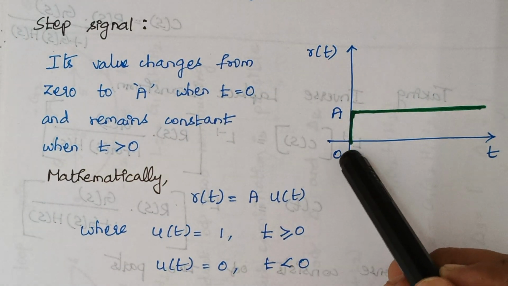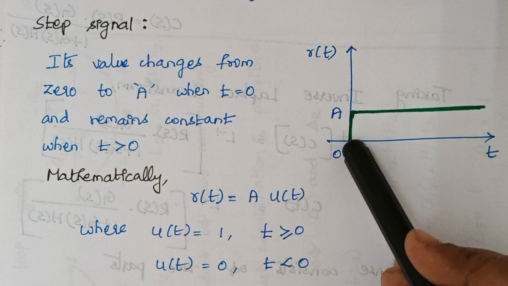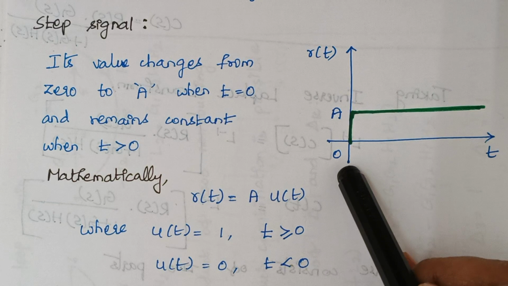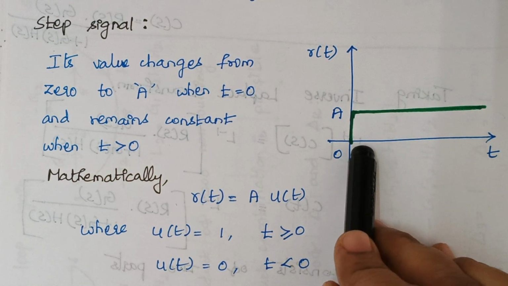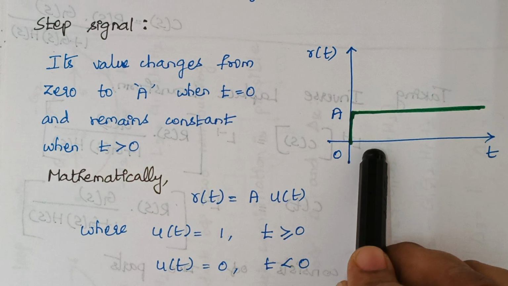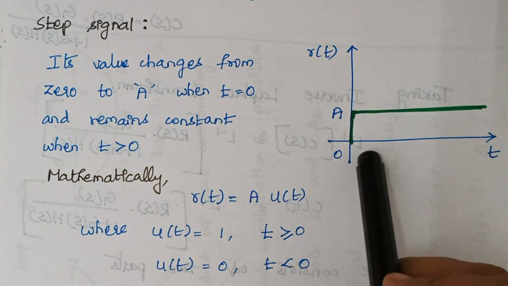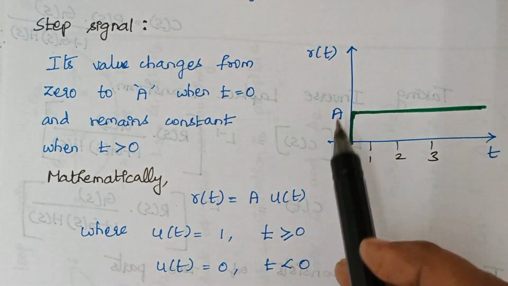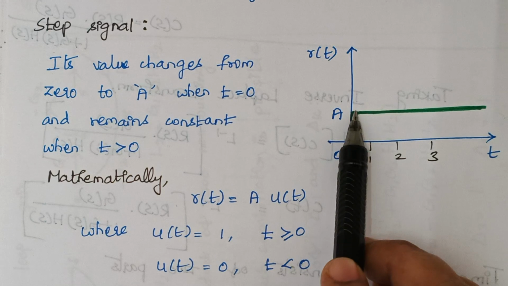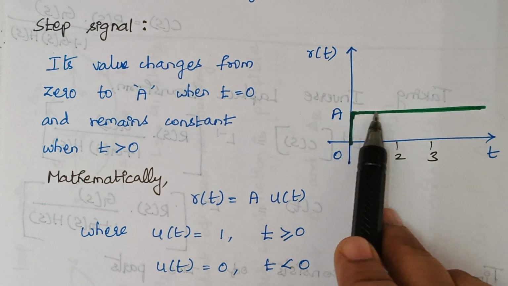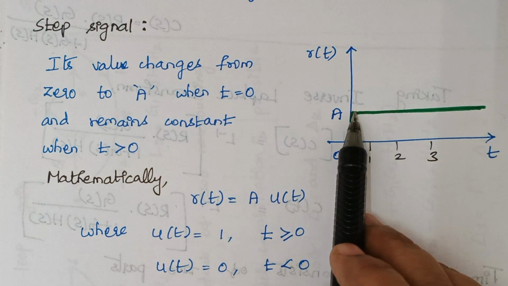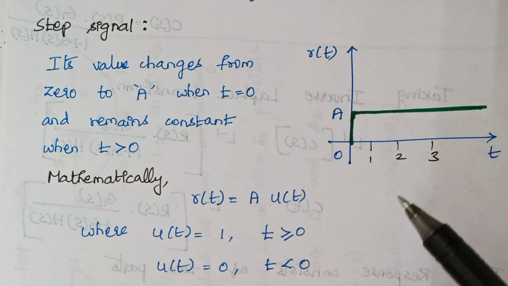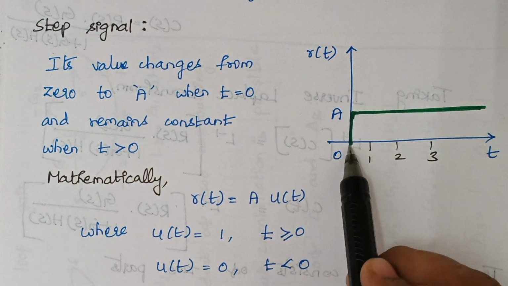When the value of time is 0, the signal value increases from 0 to A. And when the value of t is greater than 0, for example 1 minute, 2 minutes, 3 minutes or whatever, the step signal remains constant. It doesn't vary, just like the steps in a staircase. So a step signal is one whose value changes at t equal to 0.